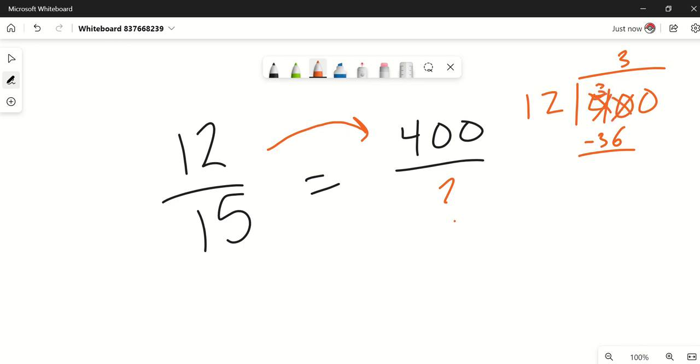This will become a 10. 4. 3 minus 3 is 0. 12 cannot go into 4. Bring down this. And 12 will go into 40 again another 3 times, which will give me 36. Subtract. 4 left over.